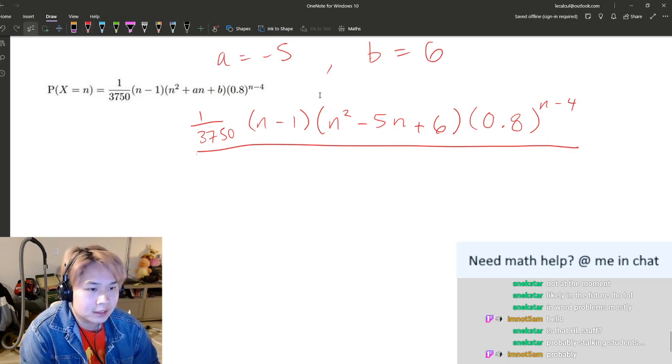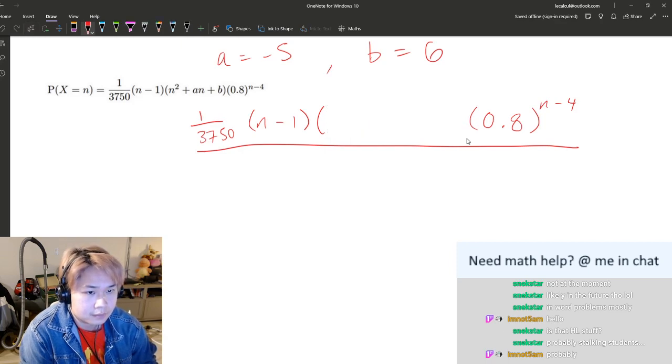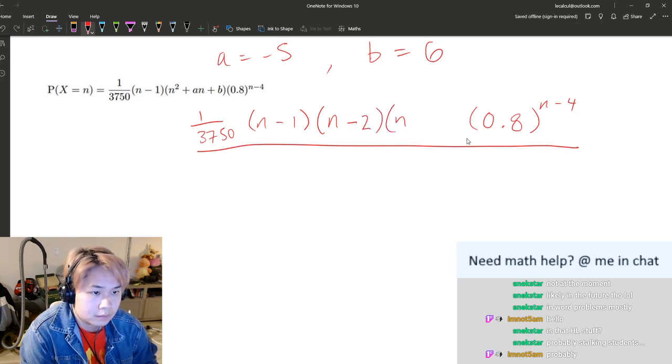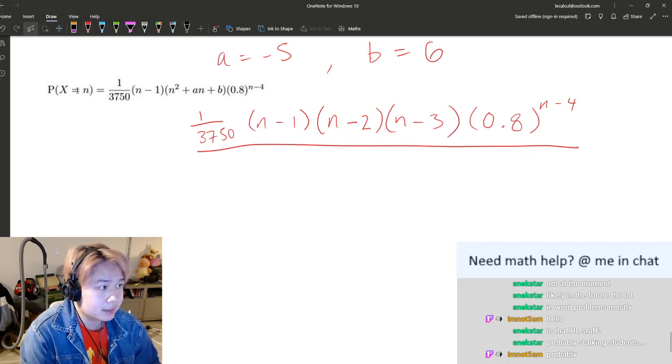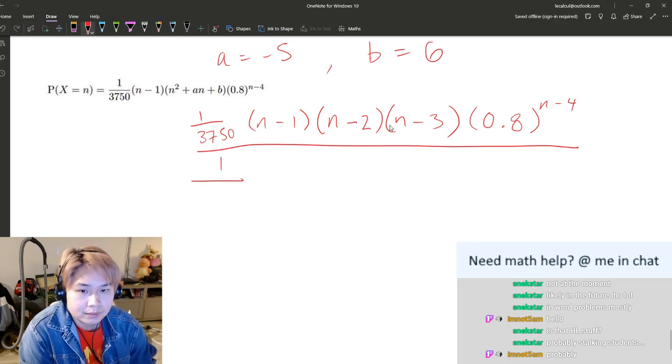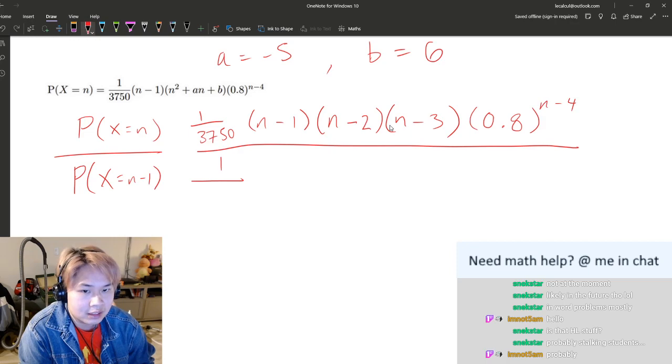Wait, this is factorable. This will make it easier if I factor this right now. And the reason why I'm factoring is it's easier to find x minus 1 if this is factored, because then I just replace this and this with x minus 1. So that's p of x equals n. P of x equals n minus 1.